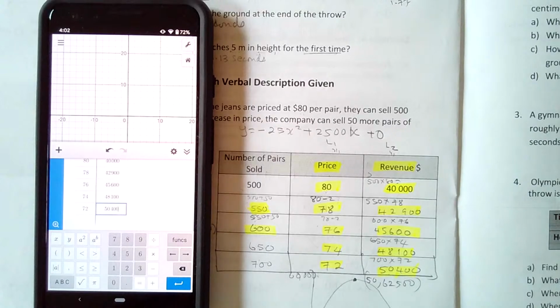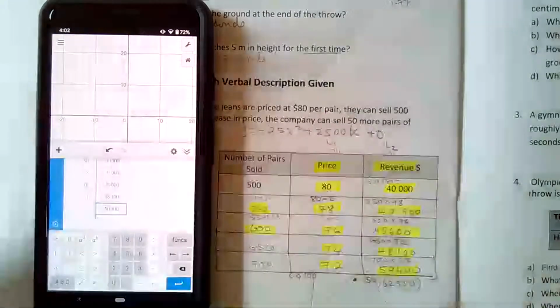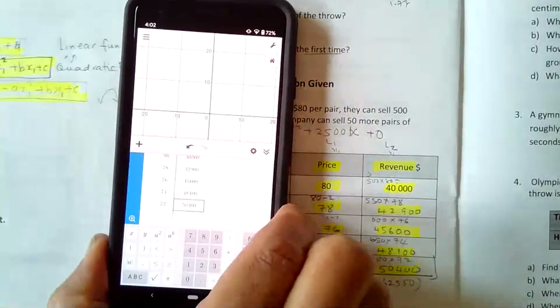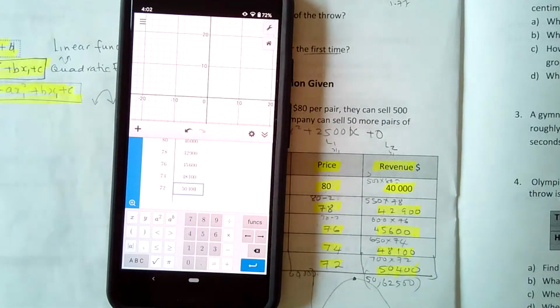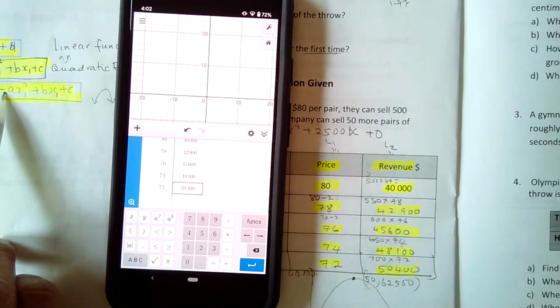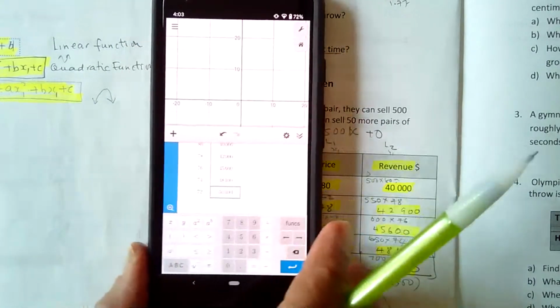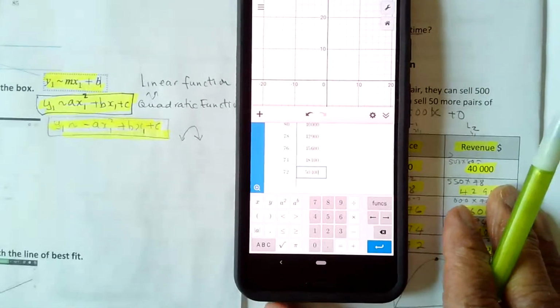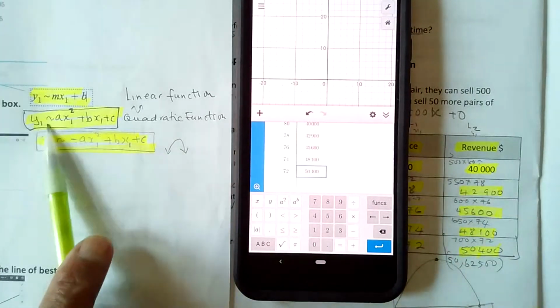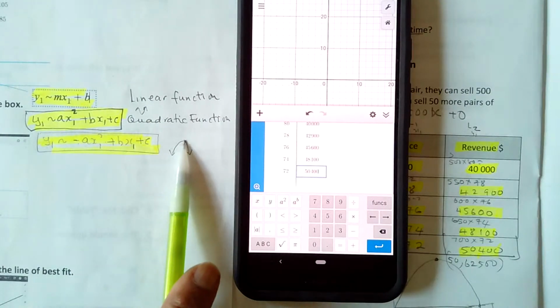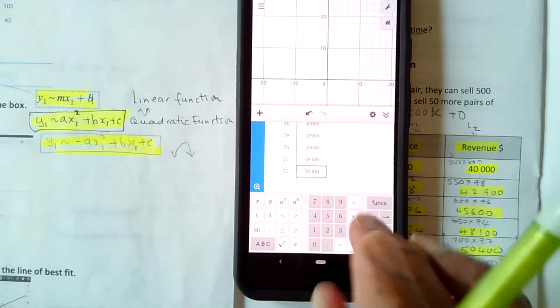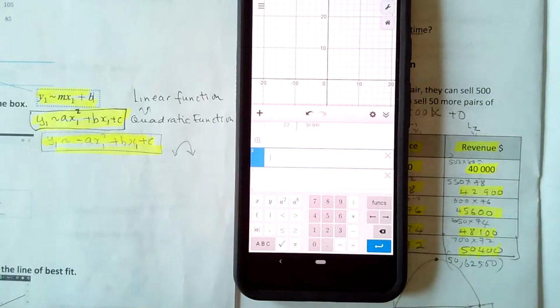Now, once I have my data in, the graph is going down because the price is going up and the revenue is coming down. So now I'm going to go down to my next line.